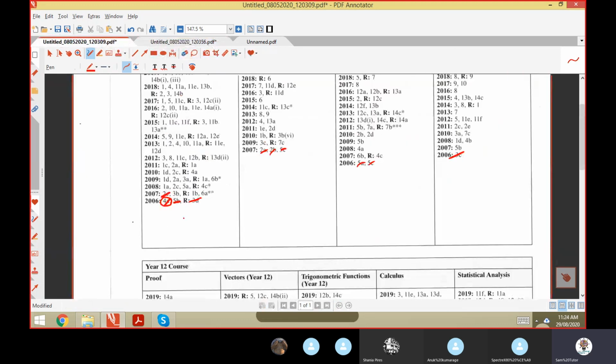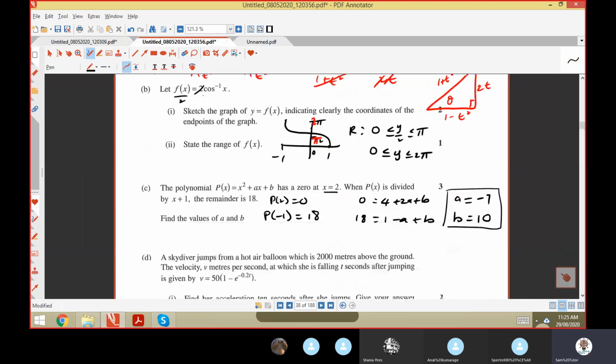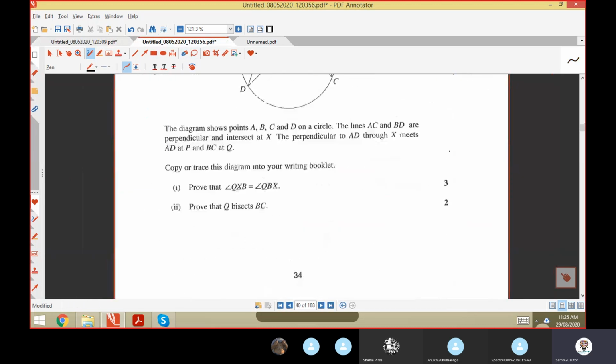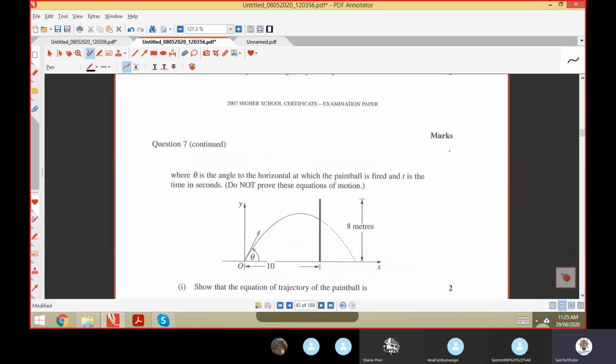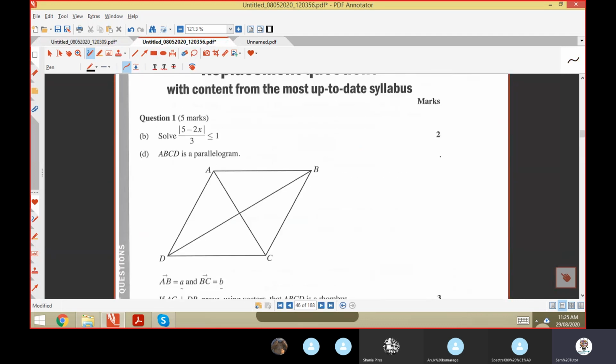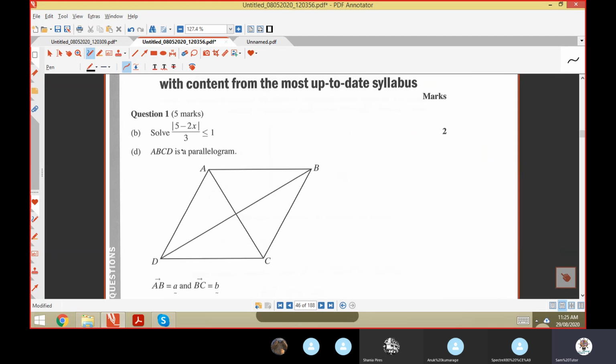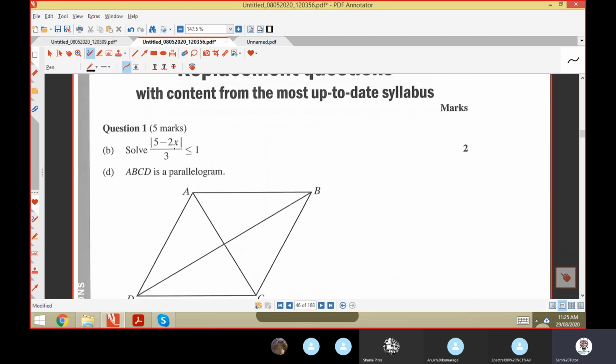So let's try it out. 1B, 4C, 6A. Okay. Let's go. It's hard for us, huh? 1B, oh yeah, okay. Absolute value with a little inequality. Doesn't look too bad, actually. All right, 2 marks. Good luck.